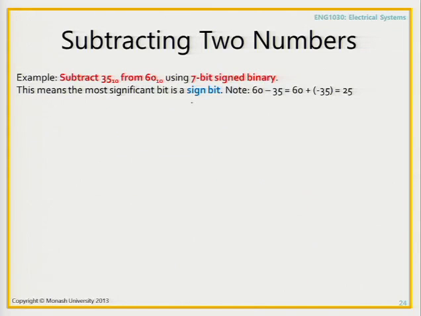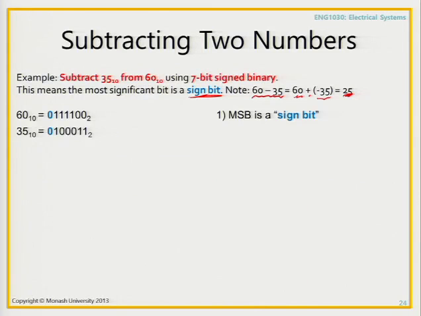This means the most significant bit is a sign bit. Then, how do we do this? Well, I want to subtract 35 from 60, so that means it's 60 minus 35. And mathematically, this is equivalent to saying it's 60 plus minus 35. And we know this equals 25.